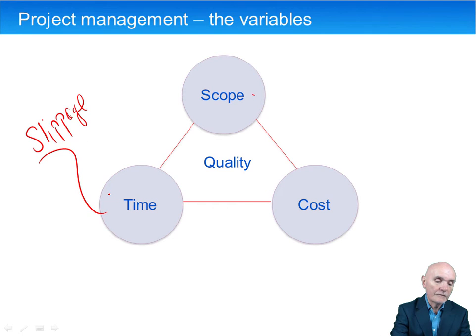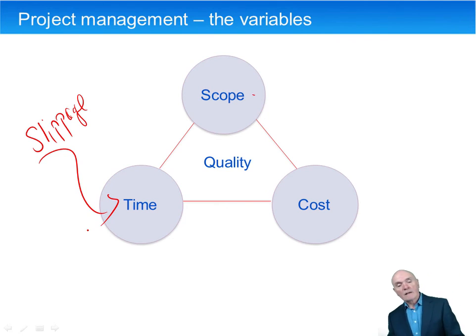And slippage usually refers to time. That the project is not going to be finished on time. Because even with the best managed projects, the unexpected happens. And when slippage happens, or is foreseen to be going to happen, we have to have a way of managing it.